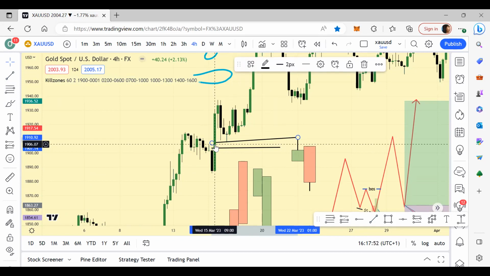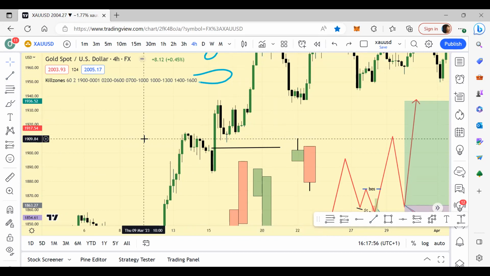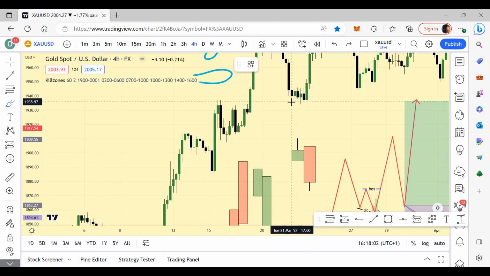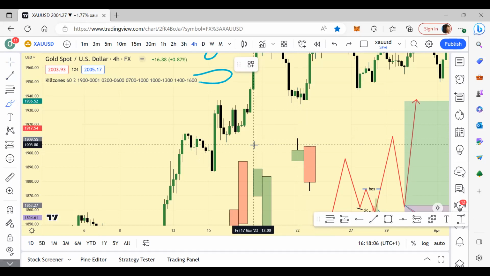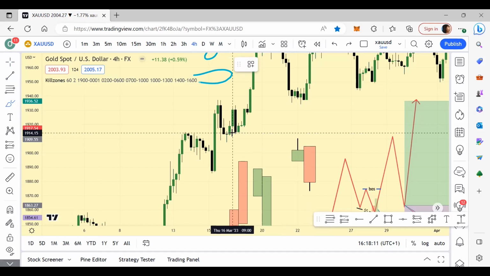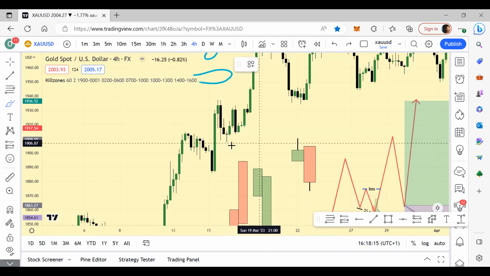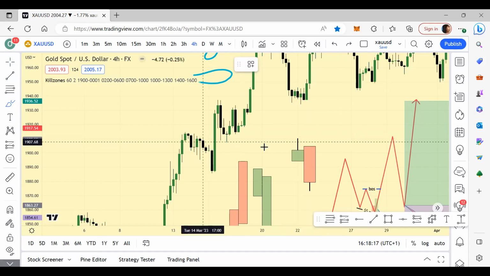Okay, let me explain again. Where we find imbalance is where we find gaps in the market. What that means is, when you look at the right-hand side, there's nothing there.